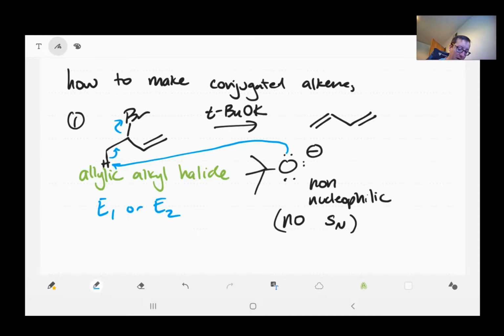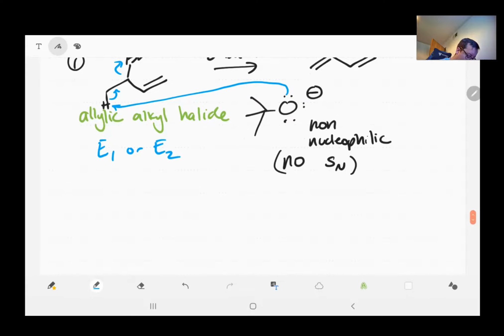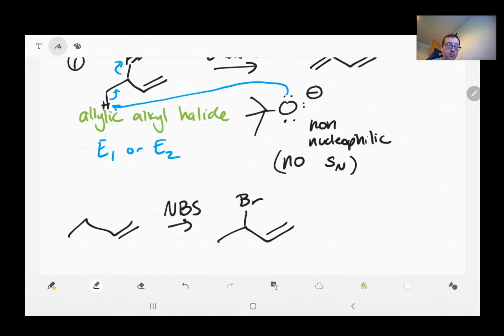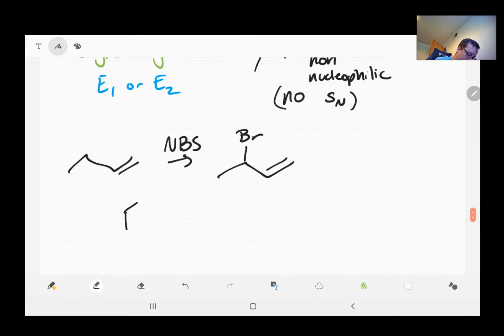And hopefully we'll remember how to make an allylic alkyl halide. I'm sure we've forgotten. If we have this, do you remember this compound? Will selectively brominate an allylic position? Probably not.